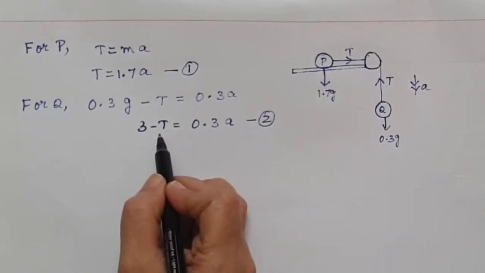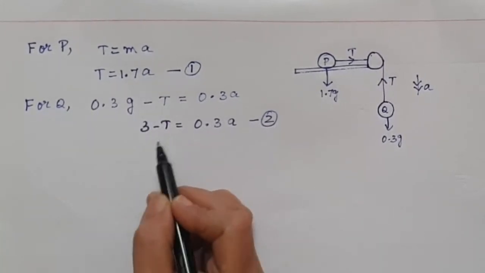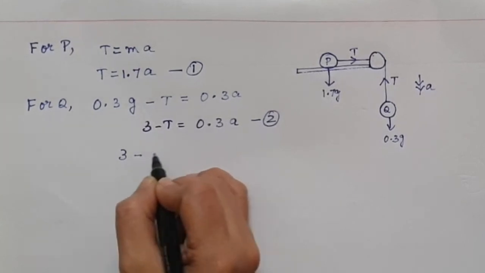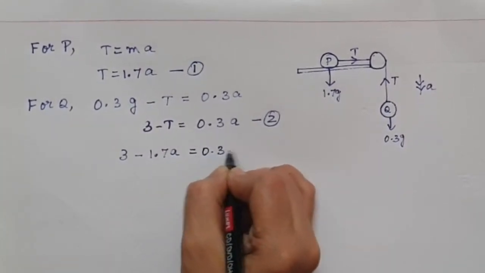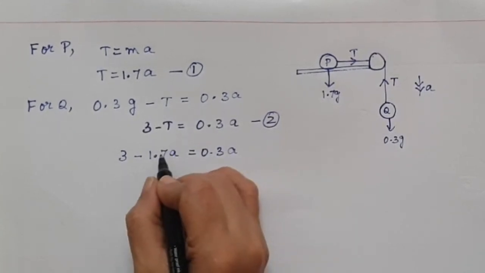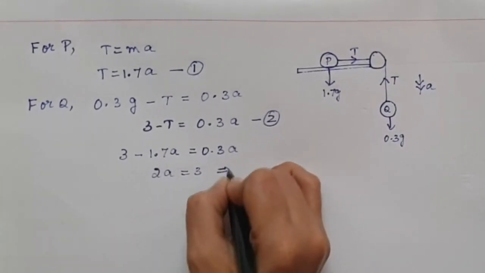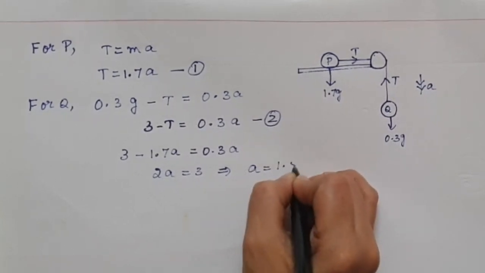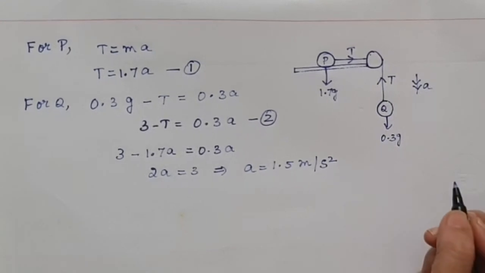Now substituting the value from 1 into 2, that is T is 1.7 A, we will replace it over here. 3 minus 1.7 A will be equal to 0.3 A. So when we shift it over here, it comes as 2A will be equal to 3, which implies A will be equal to 1.5 meter per second square.